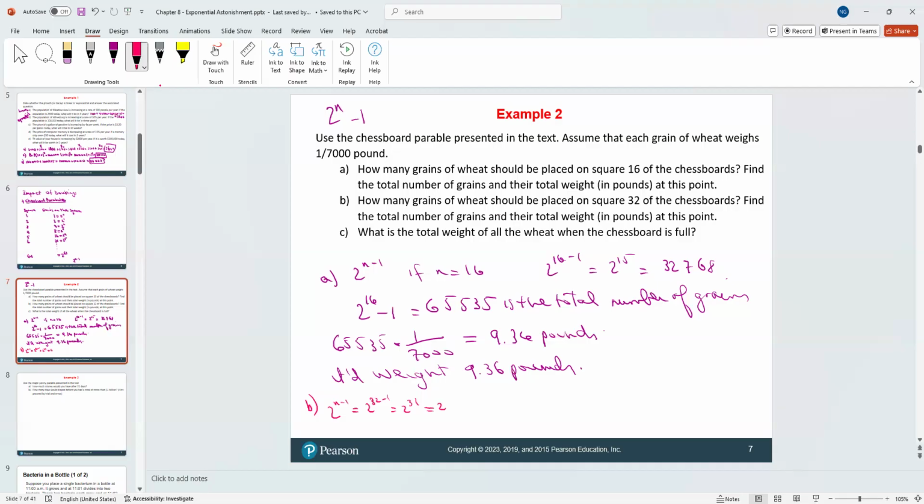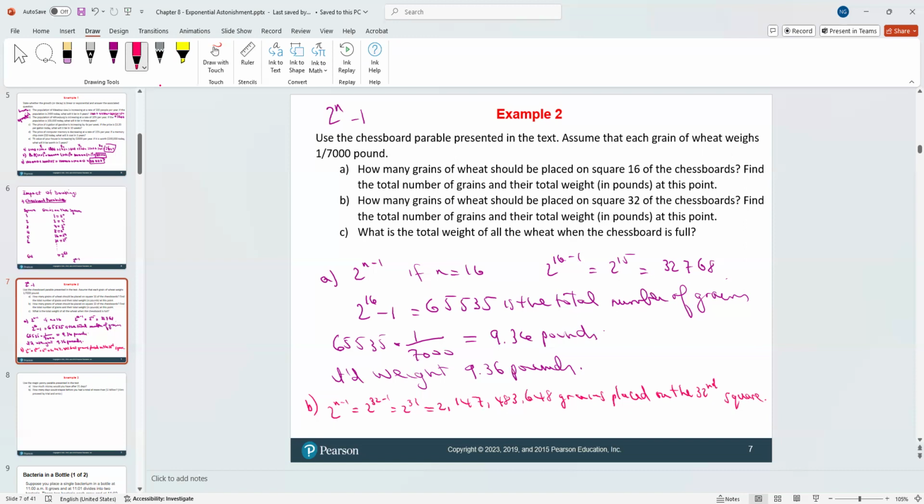It's billions. 2 billion, 147,483,648 grains. I'm gonna write it down for you. You place these grains on the 32nd square.